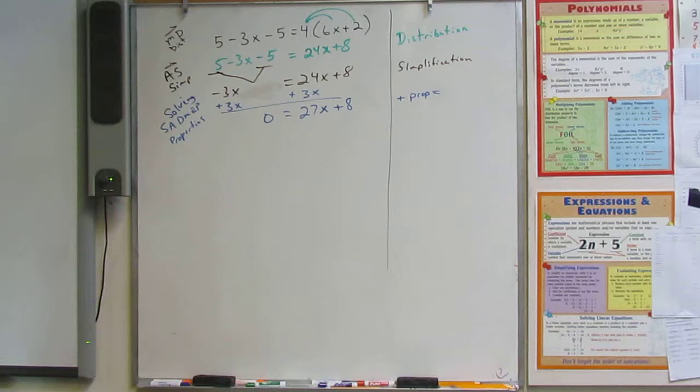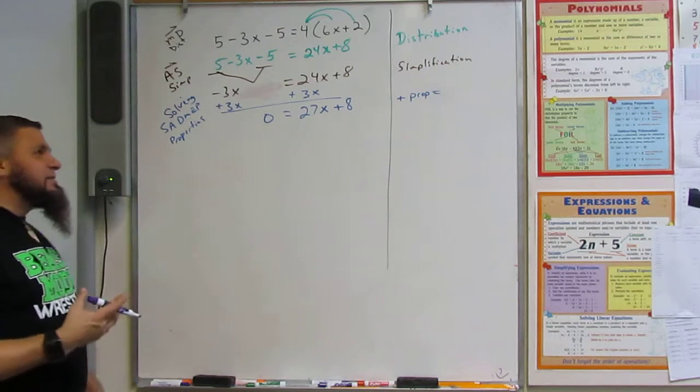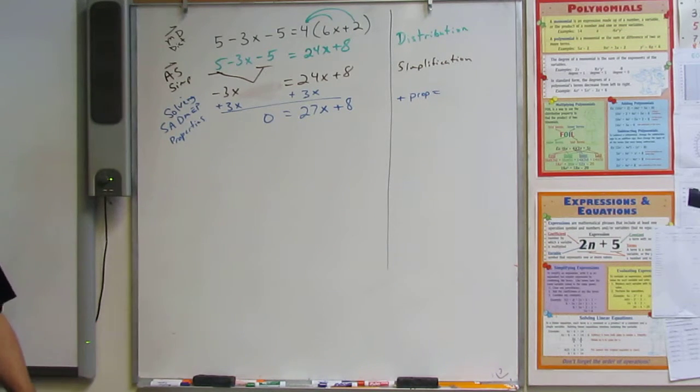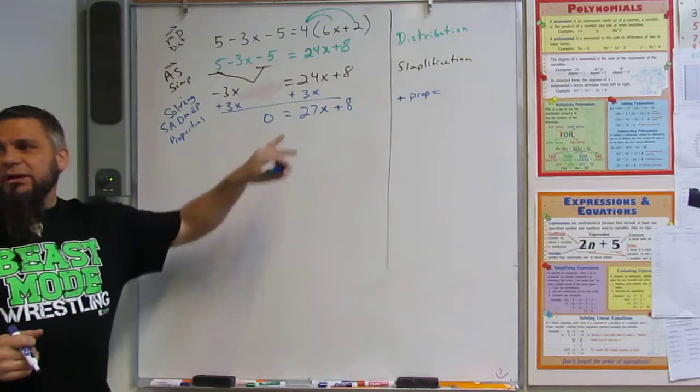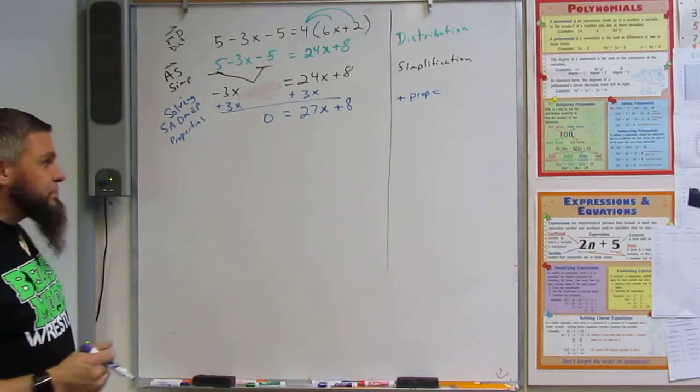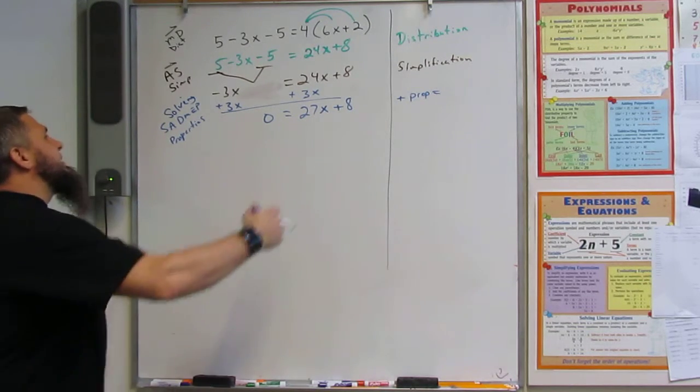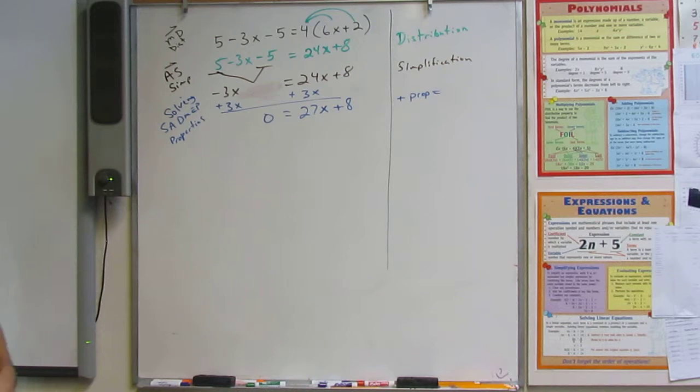Now, if an English teacher's grading it, they'll be like, what? Plus prop equals what? I don't understand. But I think for the most part you'll be okay with using these. This is the way I taught it last year, 70% passed. So, should be okay.